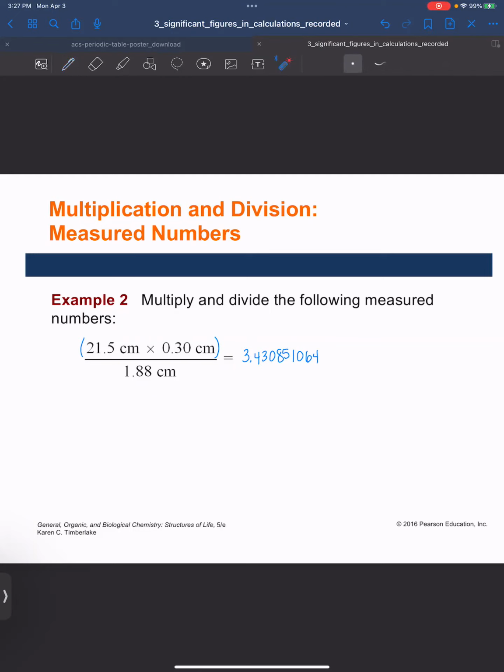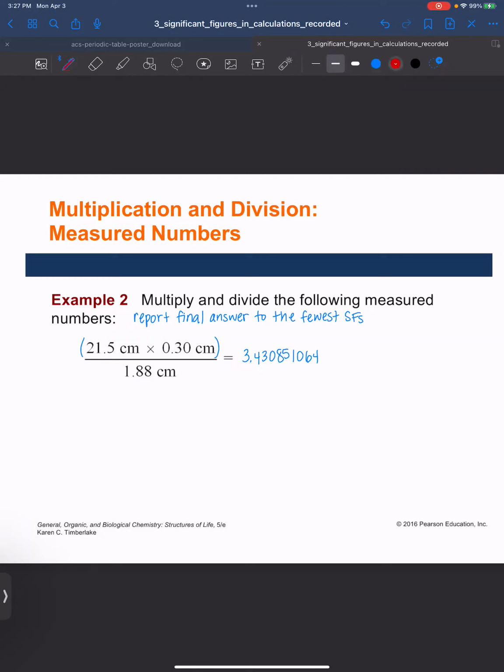Now, it's only multiplication and division here. So I report my final answer to the fewest significant figures, since everything is multiplication and division.